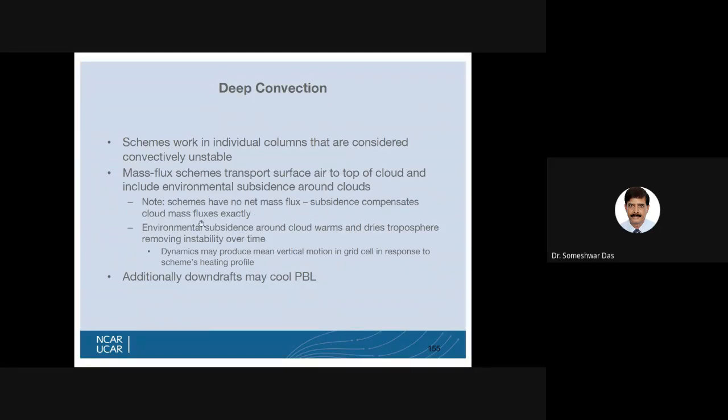Note that the schemes have no net mass flux; subsidence compensates cloud mass fluxes exactly. The environmental subsidence around the cloud warms and dries the troposphere, removing instability over time. The dynamics may produce mean vertical motion in the grid cell in response to the scheme's heating profile. Additionally, downdrafts may cool the PBL.